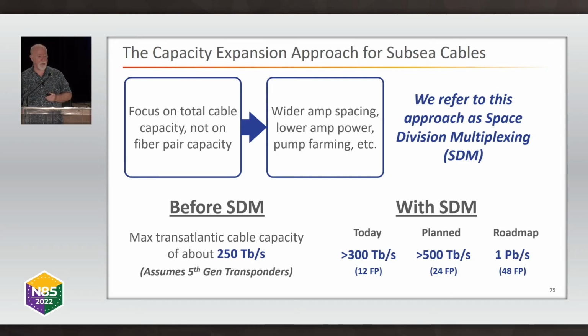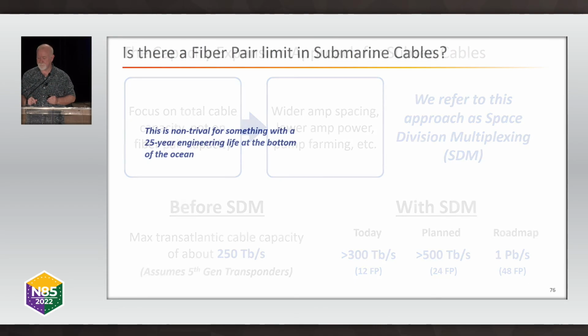There's a cable planned now, transatlantic, with 24 fiber pairs, which would have about half a petabit per second of capacity. And then we know how to build a transatlantic cable which could give a 1 petabit capacity. So that's not in planning at the moment, but all the technologies are lining up that cable could be built.